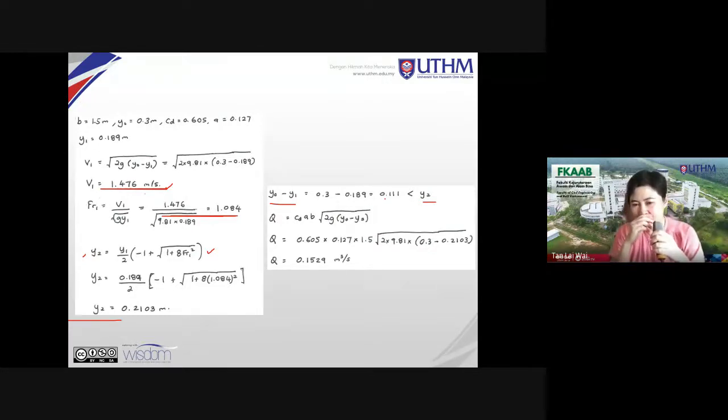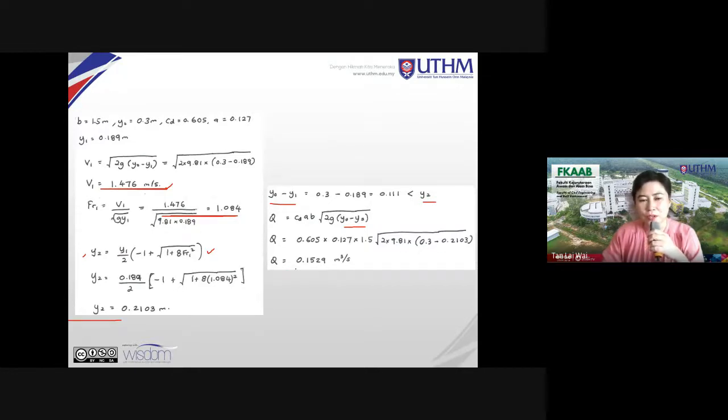So it is submerged. Therefore, you have to use the y0 minus y2 formula. You substitute the discharge coefficient, the height of gate opening, the width of the channel, and then y0 minus y2.